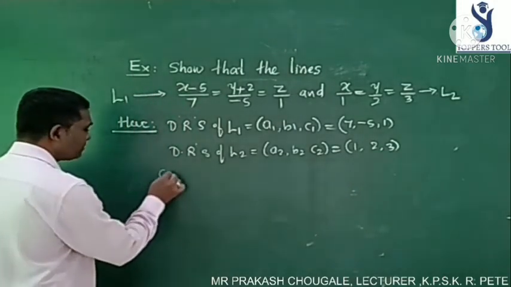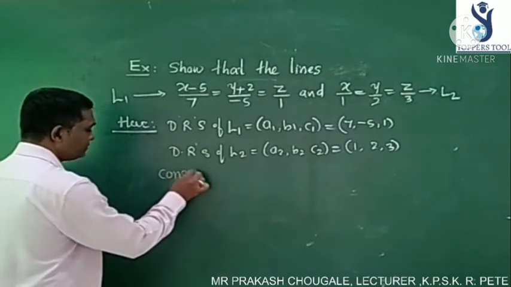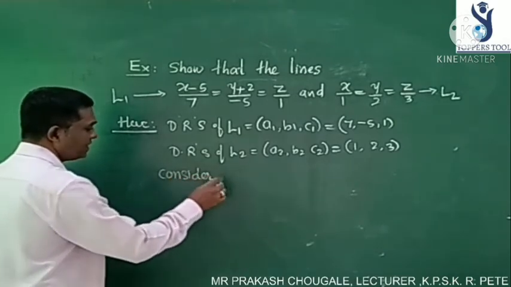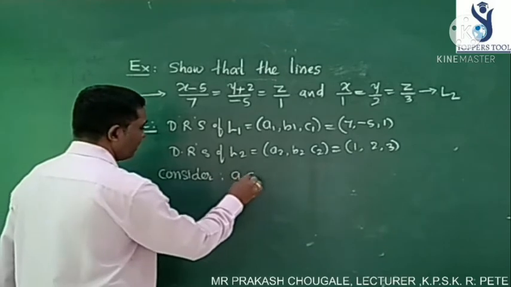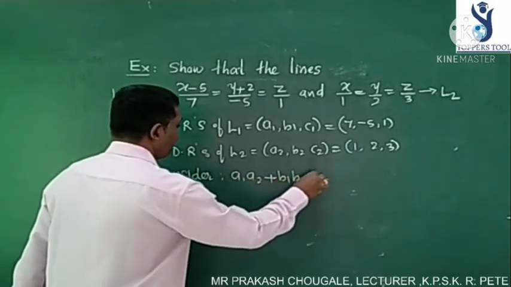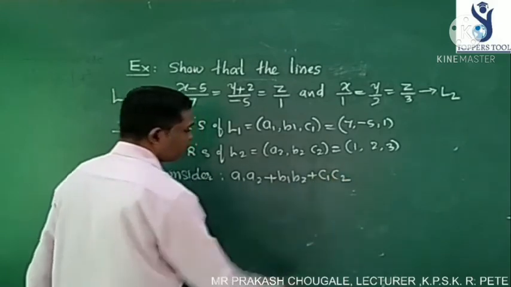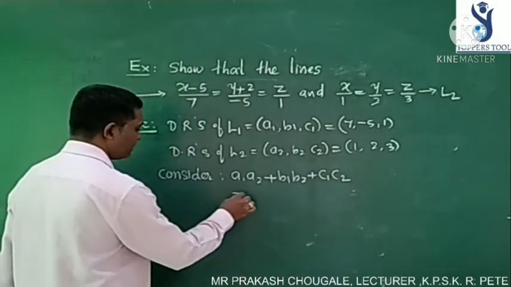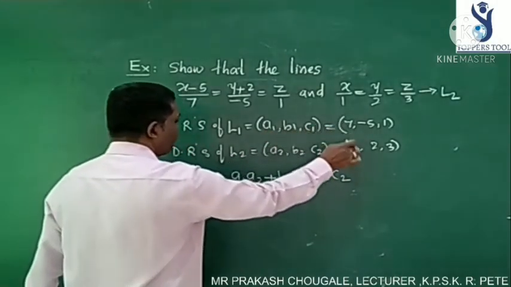So consider the sum of the products: A1 A2 plus B1 B2 plus C1 C2. Substitute here 7 into 1.